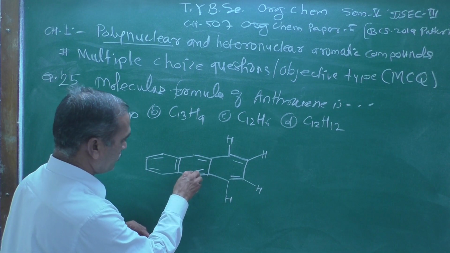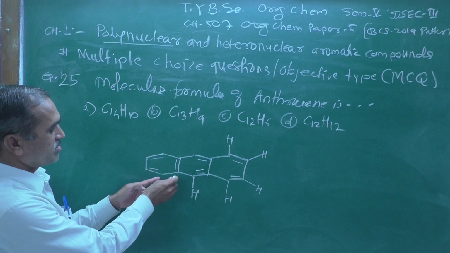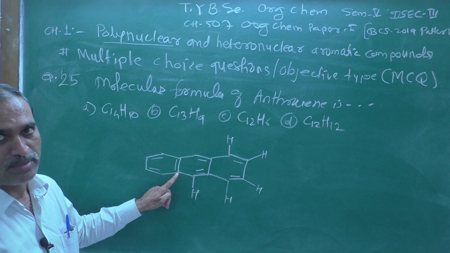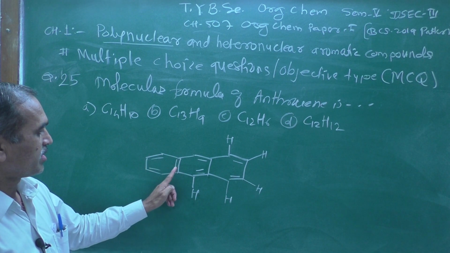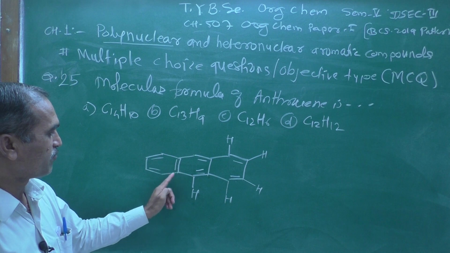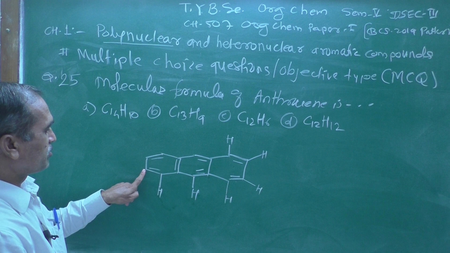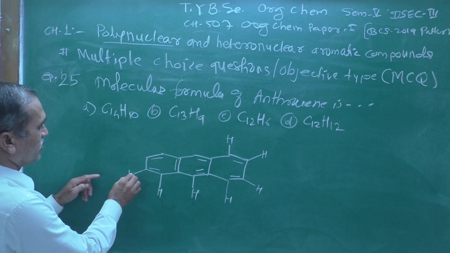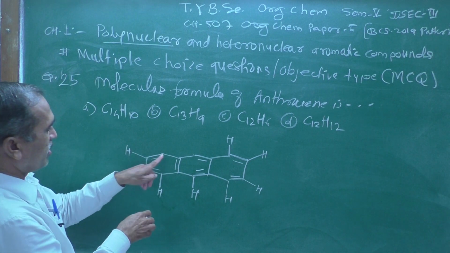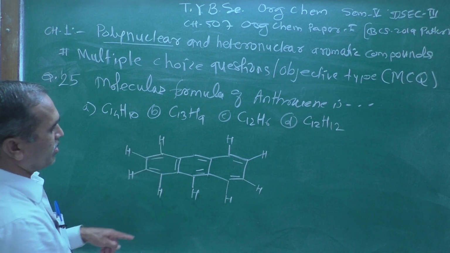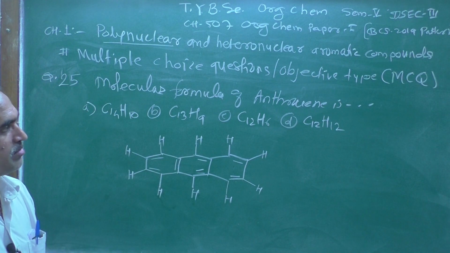But here you must attach 1 hydrogen atom, and here once again there is a carbon atom with all 4 bonds satisfied, valency 1, 2, 3, 4, and therefore no hydrogen atom. But here one hydrogen atom, at this corner point a hydrogen atom, here also a hydrogen atom, here once again a hydrogen atom, and at this corner point there will be a hydrogen atom.